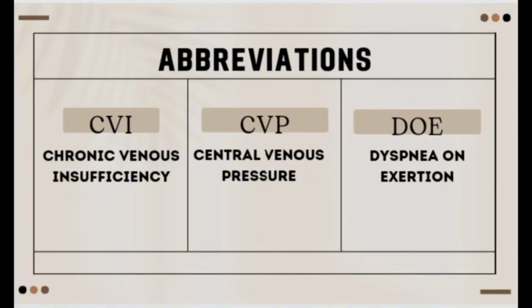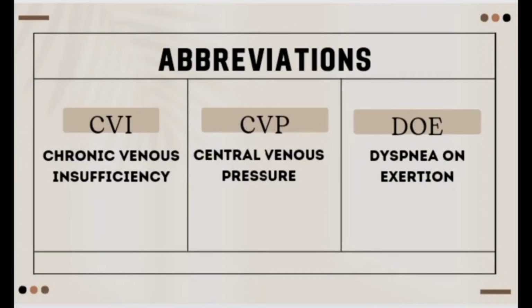Chronic venous insufficiency, or CVI. It is a condition in which veins have problems moving blood back to the heart, also known as chronic venous stasis phlebitis or post-thrombotic syndrome. Ito yung pananakit ng binti, pamamaga. Central venous pressure, or CVP, is a measure of pressure in the vena cava, and can be used as an estimation of preload and right atrial pressure.